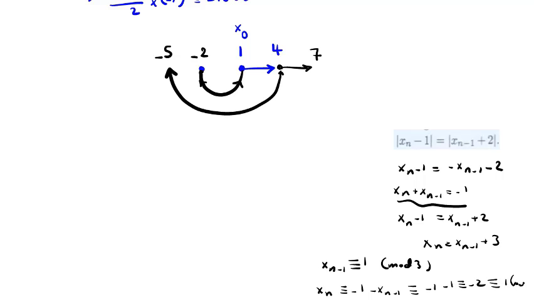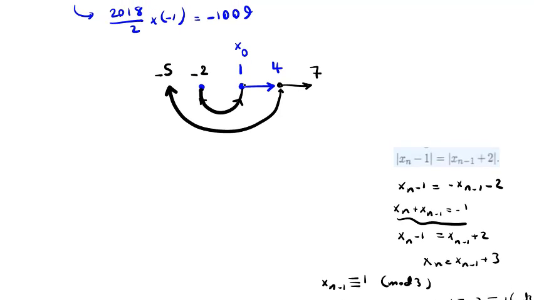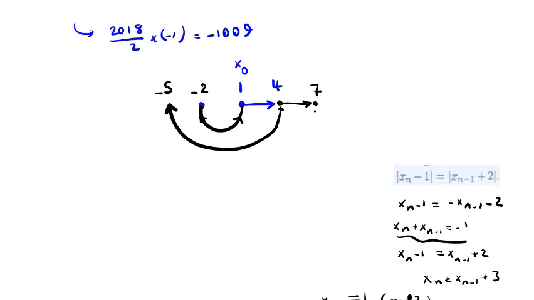So we understand we have the numbers that are 1 mod 3. So let me write some of them. 7 can go to a number such that the sum of them is negative 1, negative 8. And also from negative 8, you can go to negative 5 or this happens. We can check negative 8 plus 2 will be negative 6. It is 6. So it can be 7 or negative 5.